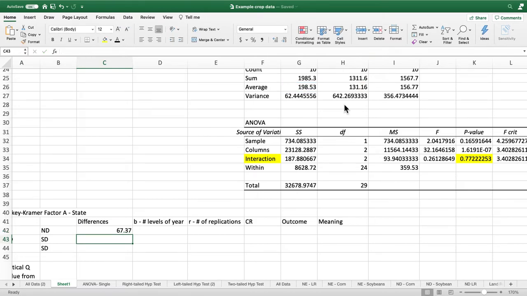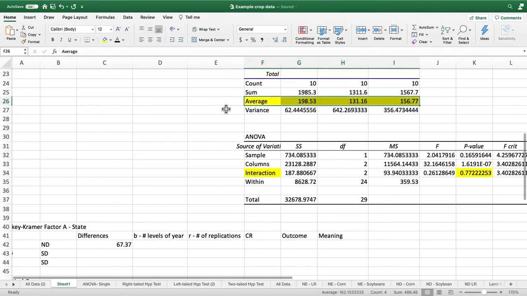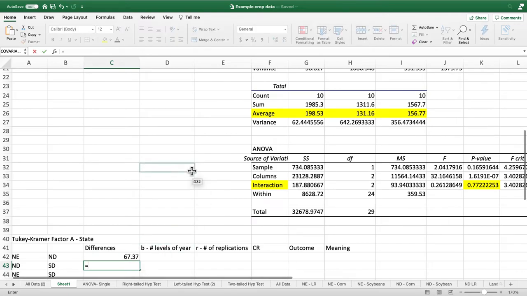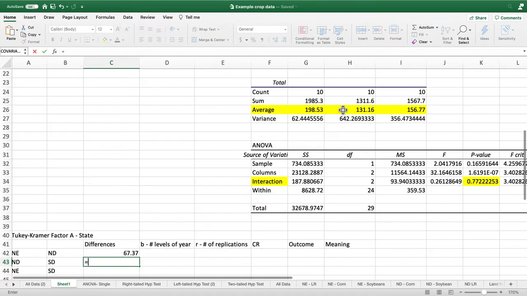Close that. And since they go across here, this is where we're looking at our total amount. Since we're going across, we can't just fill it down, so we have to redo it. So equals, and we want North Dakota, the absolute value, because again, we don't care which one's higher. North Dakota minus South Dakota.